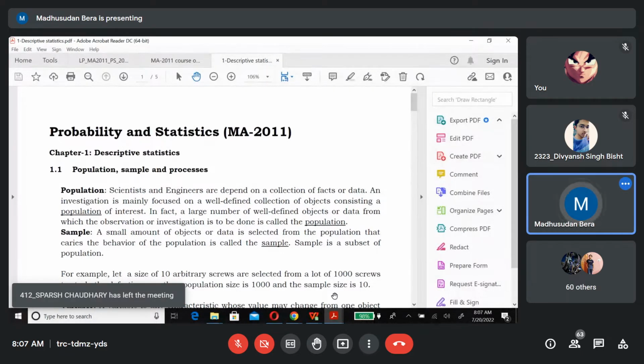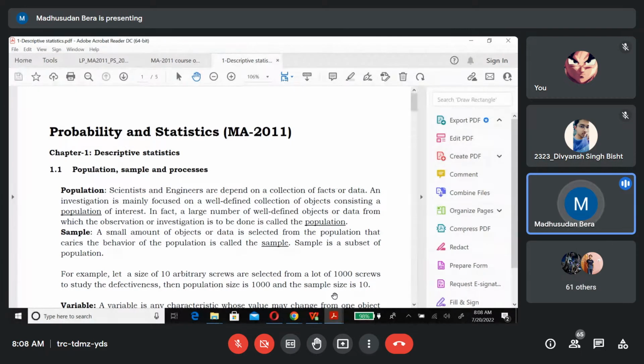Now look at this situation: not all students are present here, only the 5th, 3rd and 4th year. So that's why taking the height of each student is difficult. So arbitrarily we will pick some students from each department.